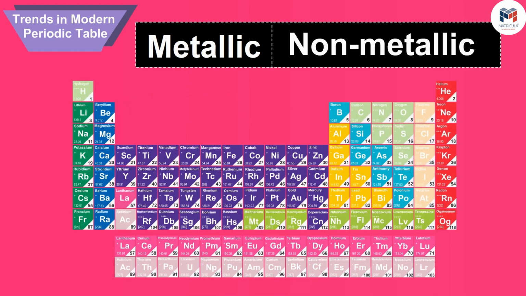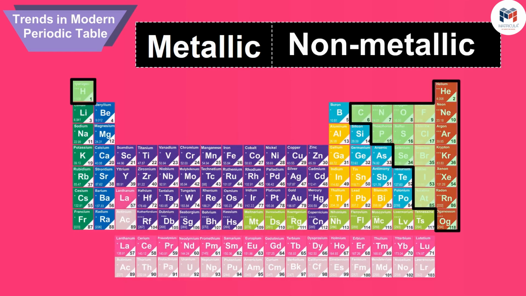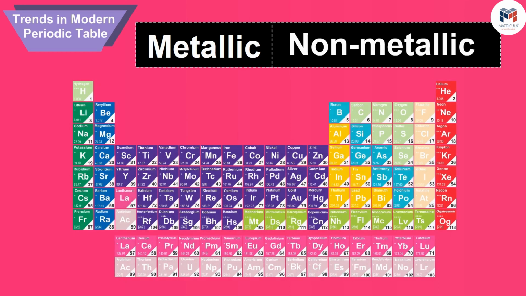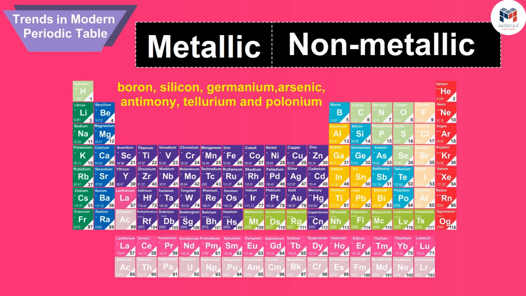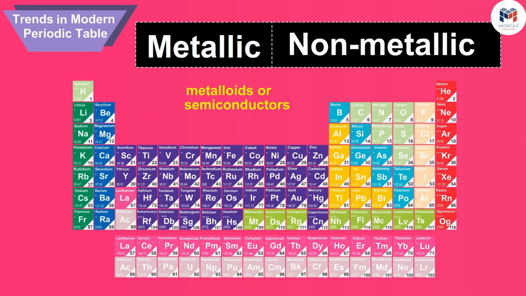Some elements in between the metals and non-metals form a zigzag line that separates metals from non-metals. The borderline elements, boron, silicon, germanium, arsenic, antimony, tellurium, and polonium, are intermediate in properties and are called metalloids or semiconductors.